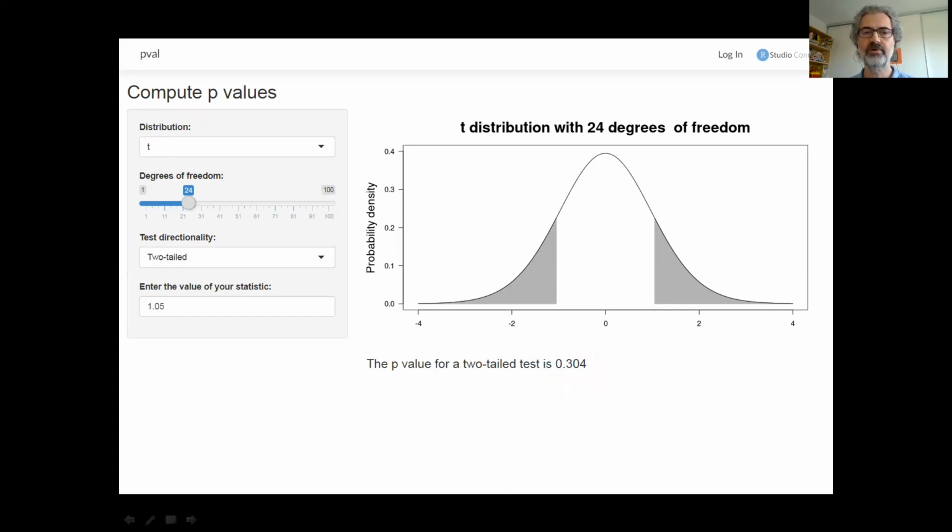This is the proportion of t-values with 24 degrees of freedom that lie outside of the range from minus 1.05 to plus 1.05. So the two gray areas together add up to 30.4%. And so there is a 69.6% within this range.